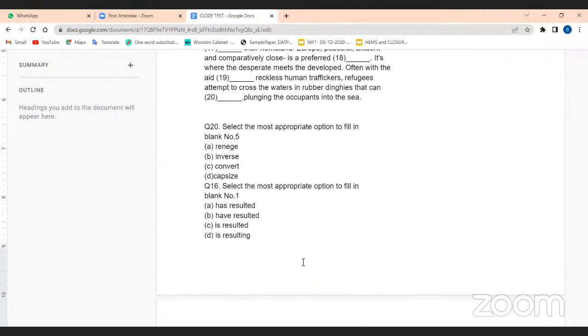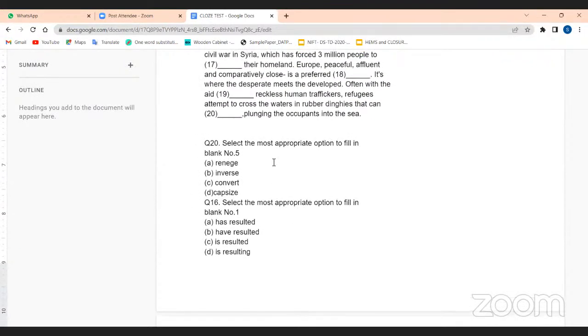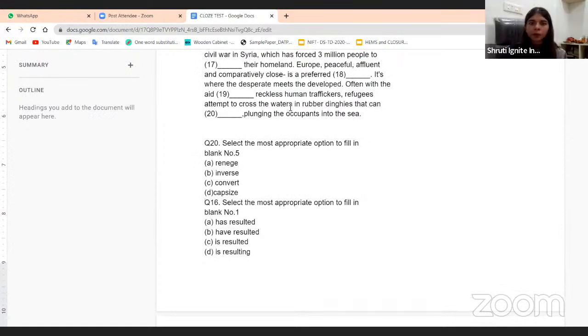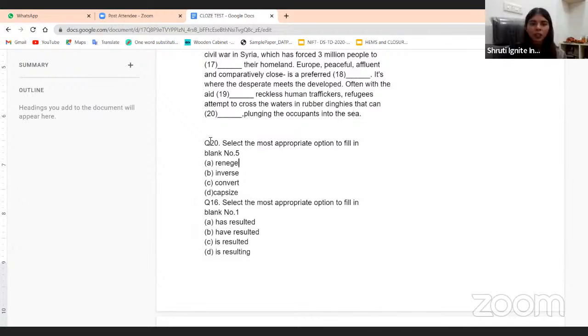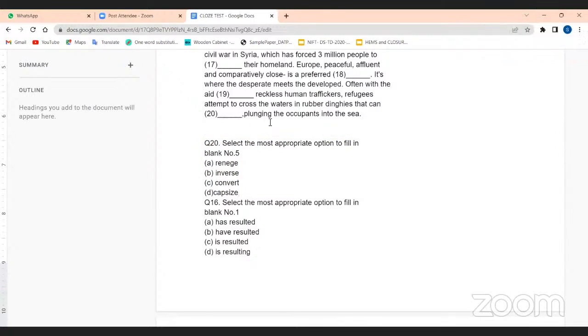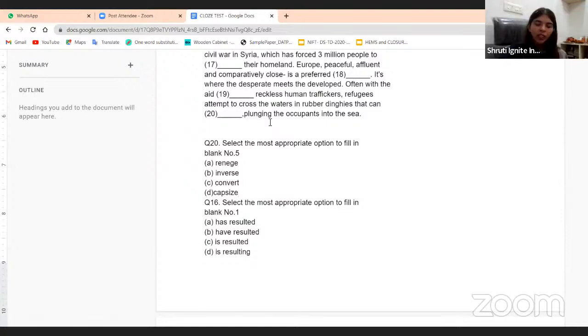Next one now. The 20th section. Rubber dinghies that can dash. Capsize.